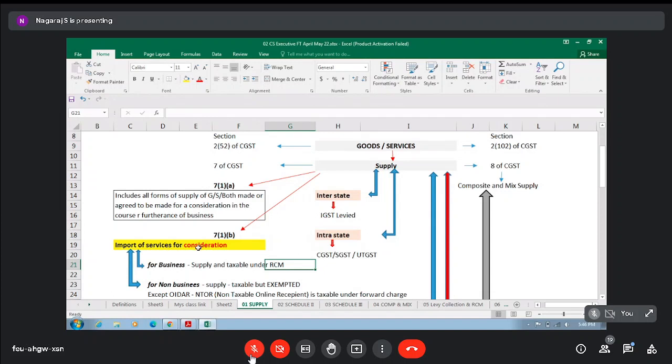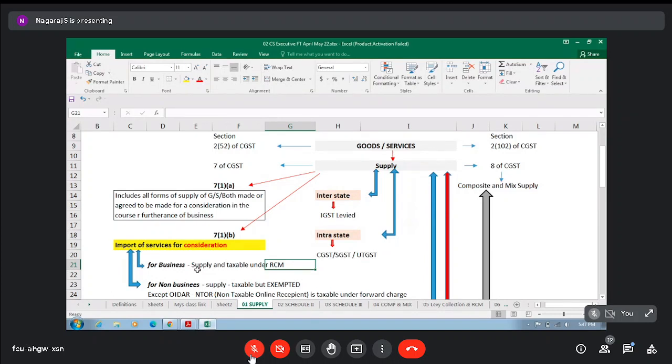Consideration means if you import any services, in return you will make the payment. That is called consideration. If you are importing the services for business, then that import of service is taxable as supply of service, and it will be taxable under RCM.